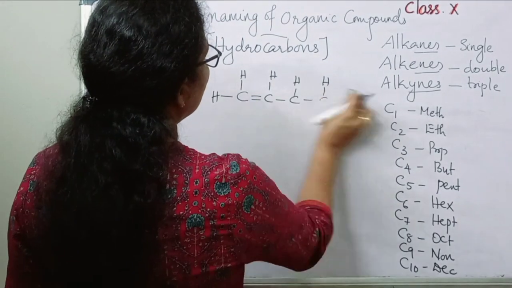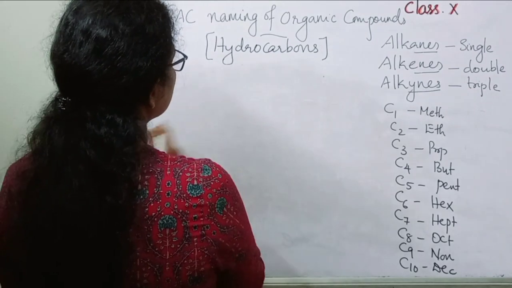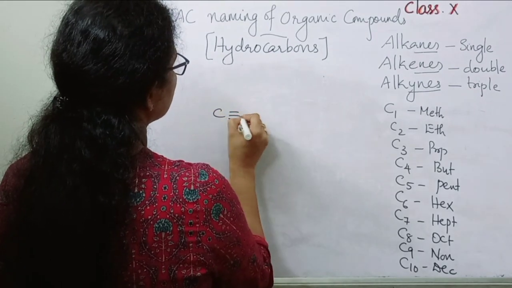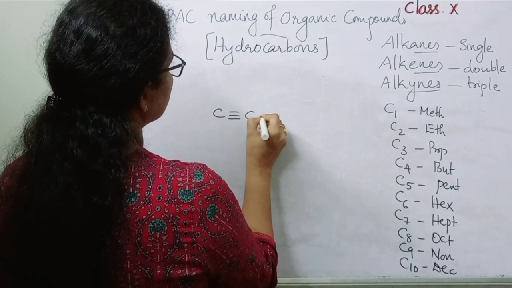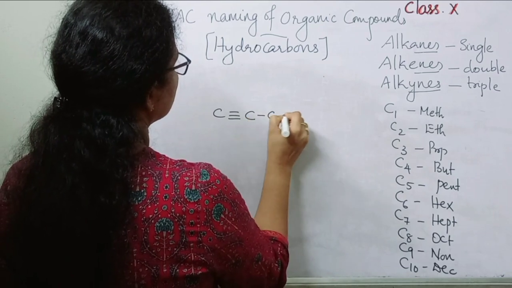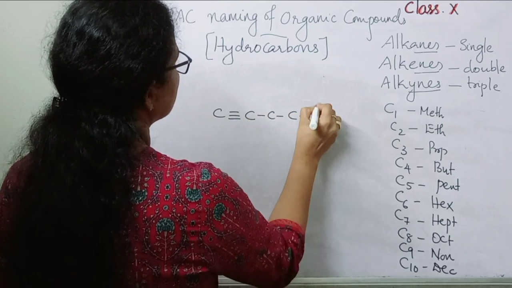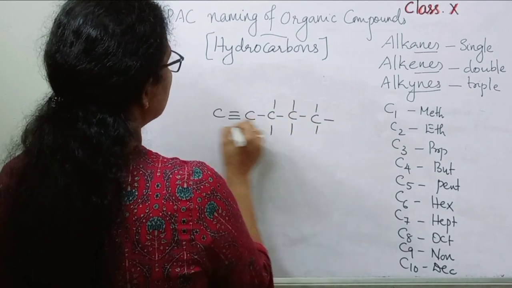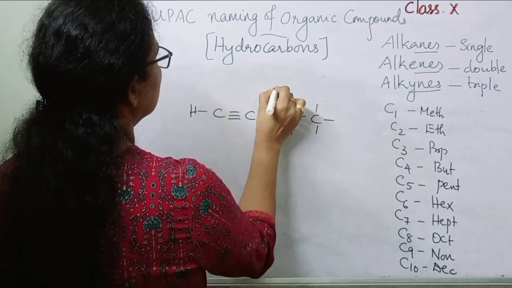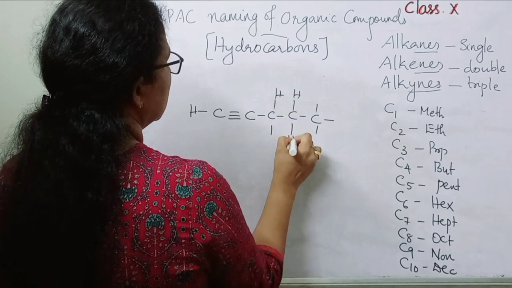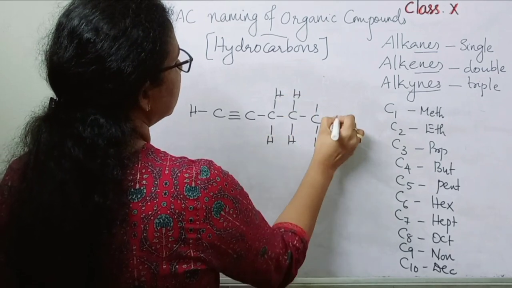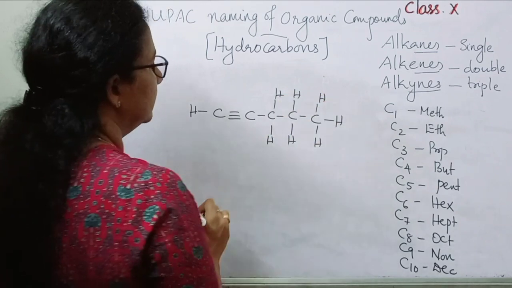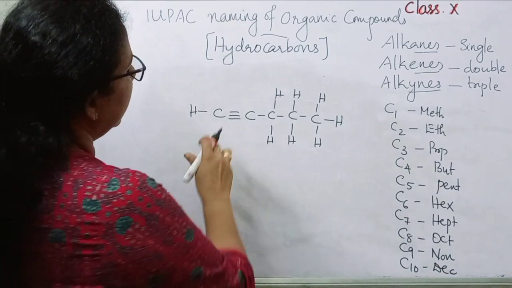Now let's see one more compound. So here there is another structure. You have to name this compound. Check the type of bond first.